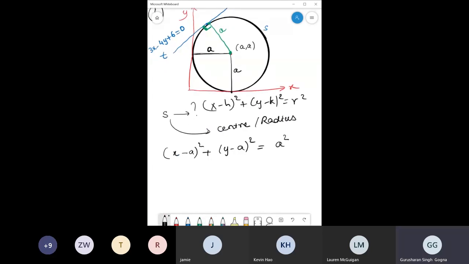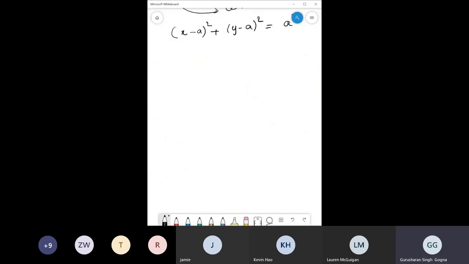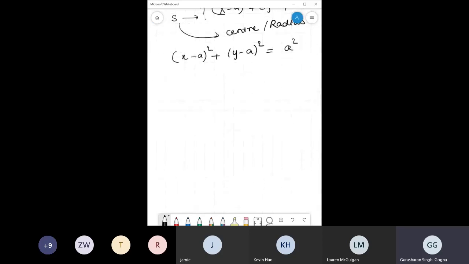So first of all, what is the perpendicular distance formula? If you have a line with equation ax plus by plus c equal to 0, and you have a point (x1, y1), and you want to find the distance between the point and the line, which is called perpendicular distance.